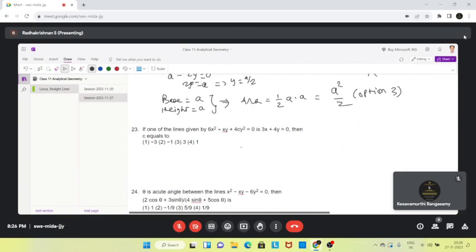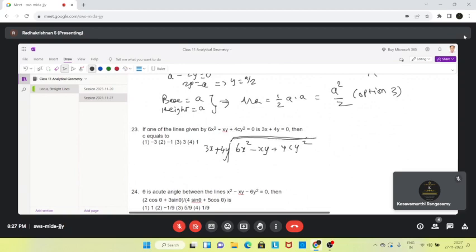Okay, divide 6x square minus xy plus 4cy square by 3x plus 4y to get the other factor. We will get the other factor as well as the remainder, which should be 0. Okay.